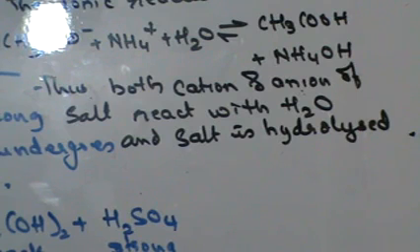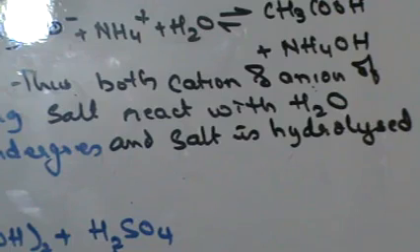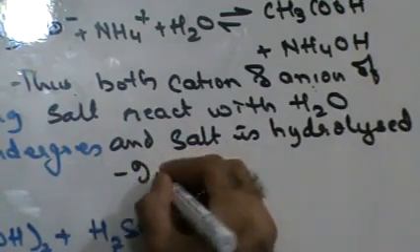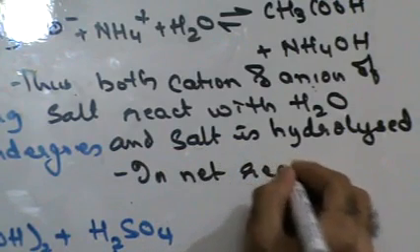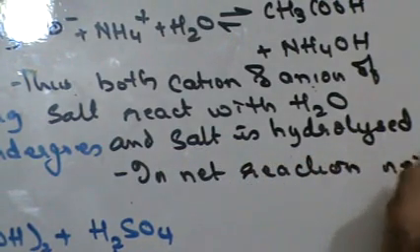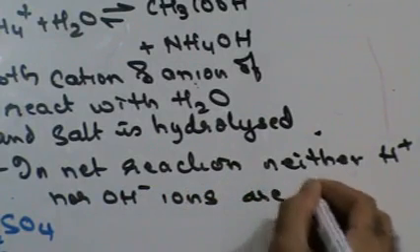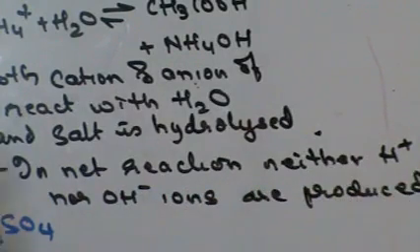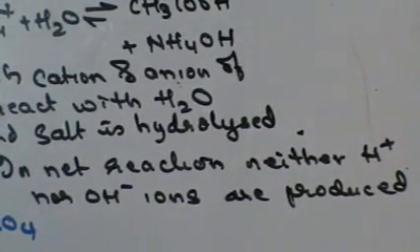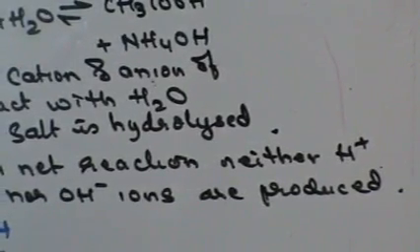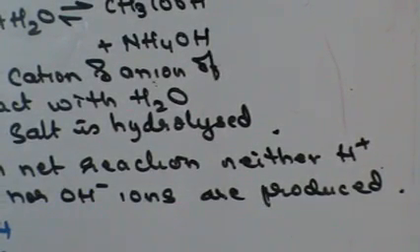Now in this reaction on the product side you neither have positively charged hydrogen ions nor negatively charged hydroxyl ions. Therefore, in the net reaction neither hydrogen nor hydroxyl ions are produced, right? So thus this is a neutral solution.